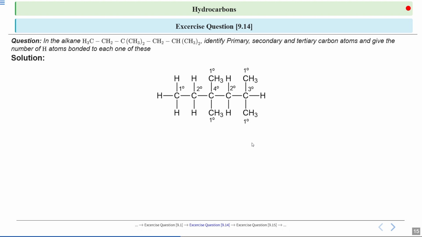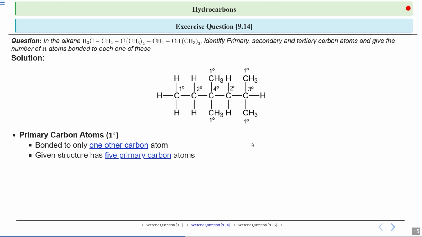Here is the image that represents the open or expanded structure of the alkane given in your question. Beginning with the primary carbon atoms: the carbon atoms which are bonded to only one other carbon atom are recognized as primary carbon atoms. So, they have distinct bonding characteristics.